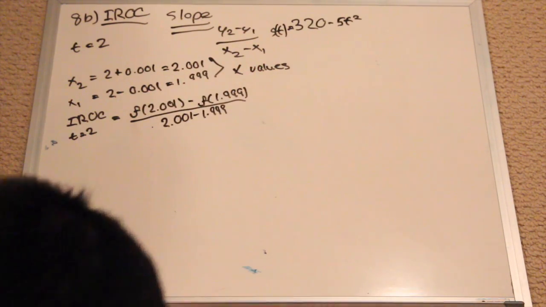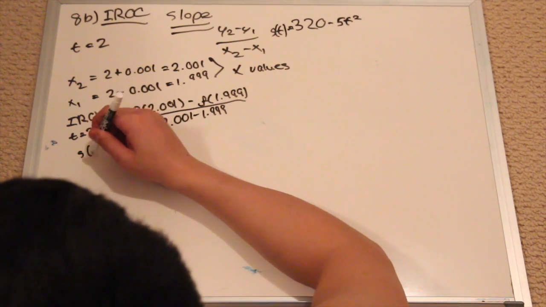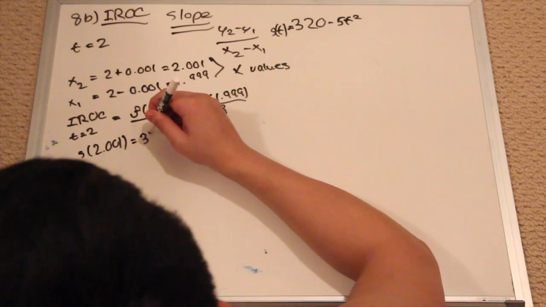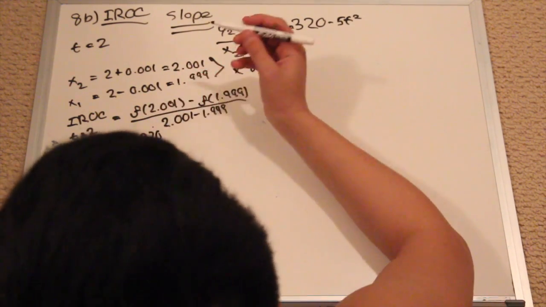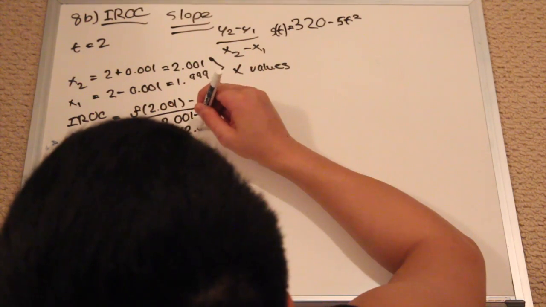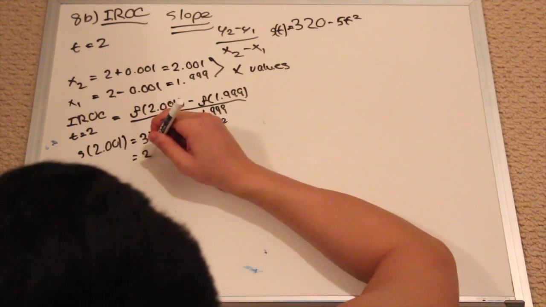So it's going to look like this. s of 2.001 is equal to 320 minus 5 times 2.001 squared, which is equal to 320.